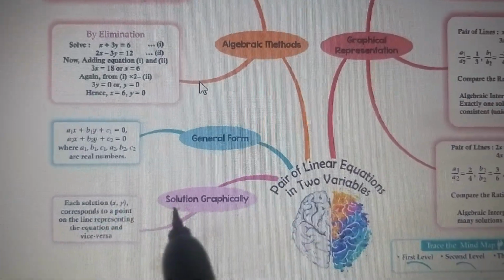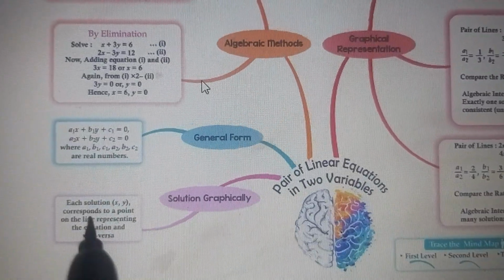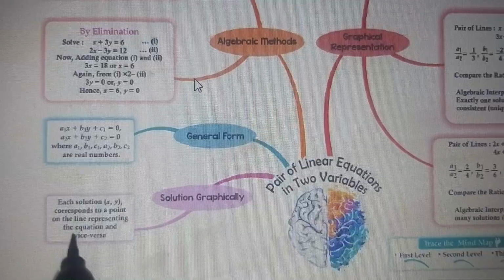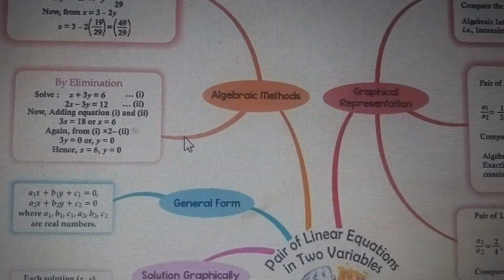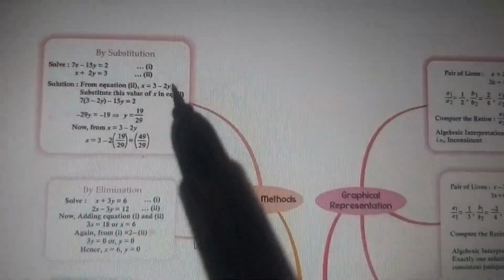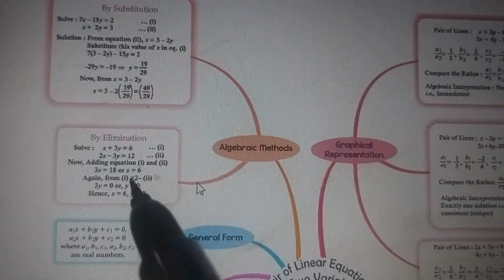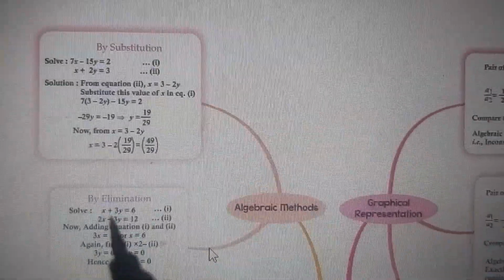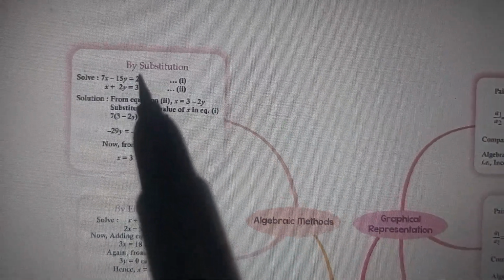Graphically, each solution x comma y corresponds to a point on the line representing the equation, and vice versa. For example, in algebraic methods, 2 methods are there, that is the substitution method and the elimination method. By substitution, before going to elimination we have to use the substitution method.